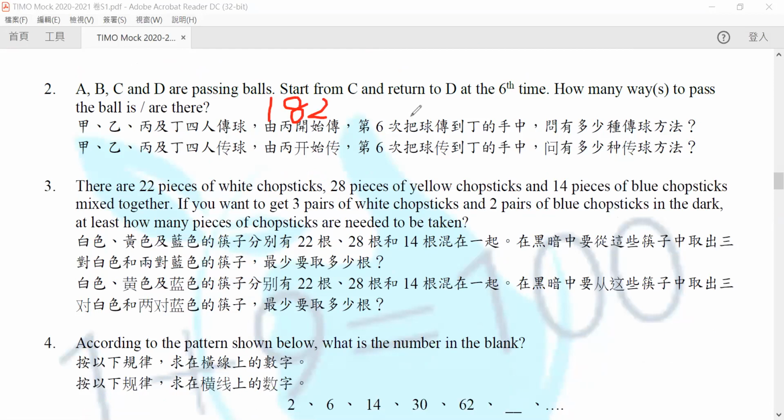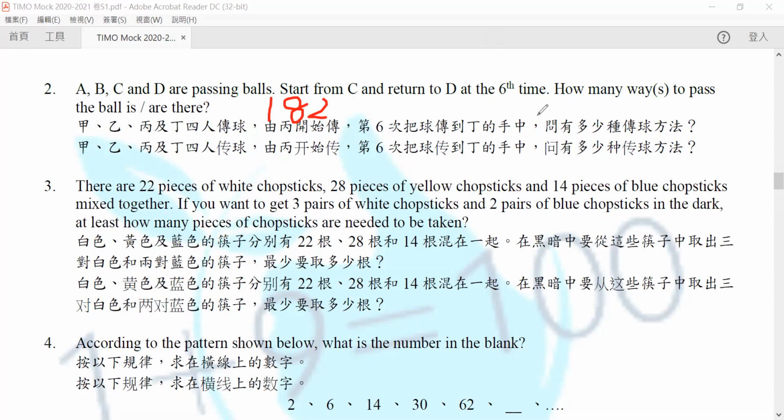Now, question 3. The white chopsticks, the yellow chopsticks, and the blue chopsticks are mixed together. If you want to get 3 pairs of white and 2 pairs of blue, how many chopsticks need to be taken? Now, what is the worst case scenario?